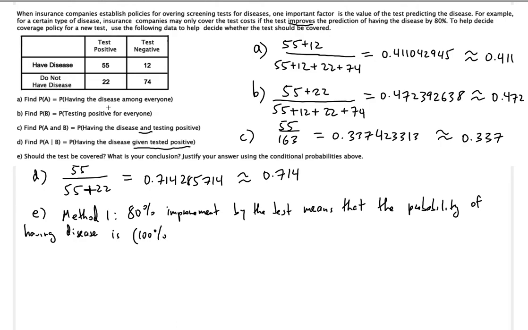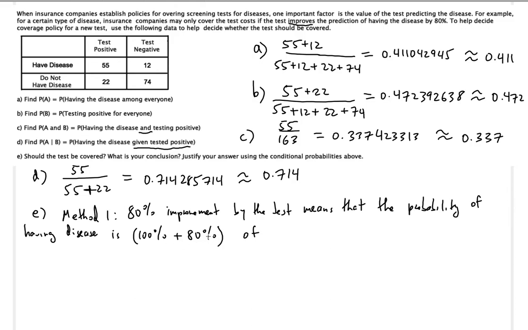The complete total, the previous general probability, plus an additional 80%. Because we're talking about 80% improvement, we have to add 80% on top of the existing whole 100% of the general probability, right?